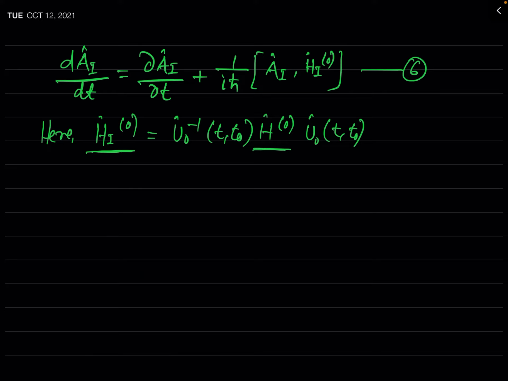So you can say that the Hamiltonian H_I of 0, or H hat 0, comes in this equation of motion. This is just identical to the Hamiltonian of the Heisenberg picture.